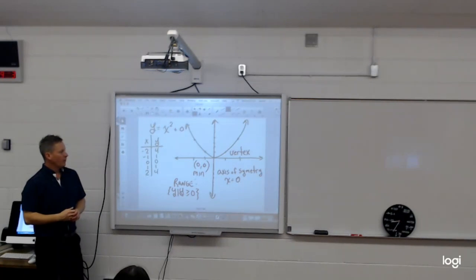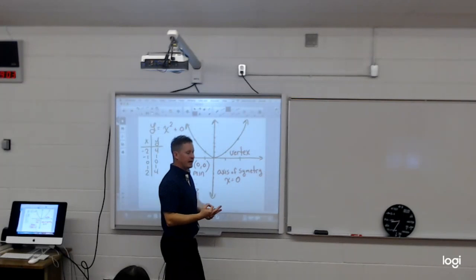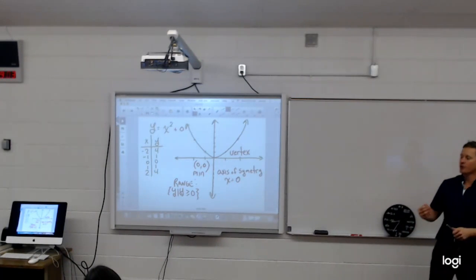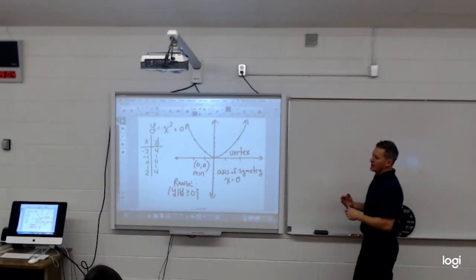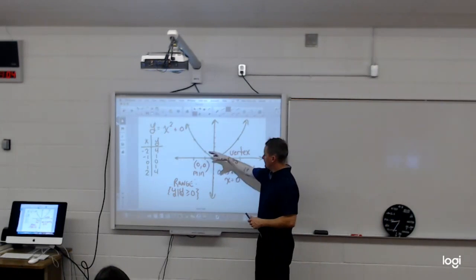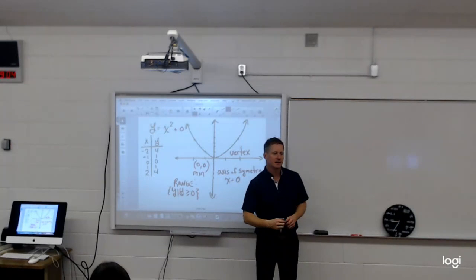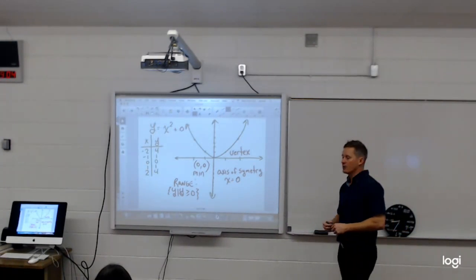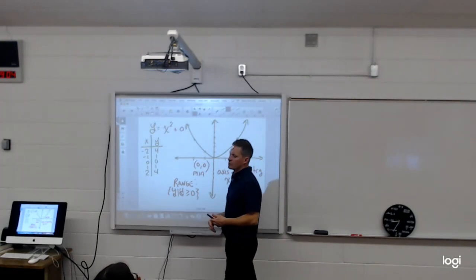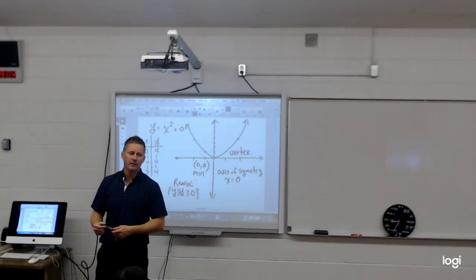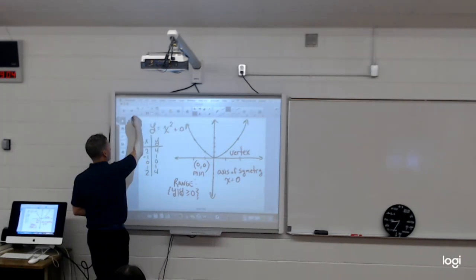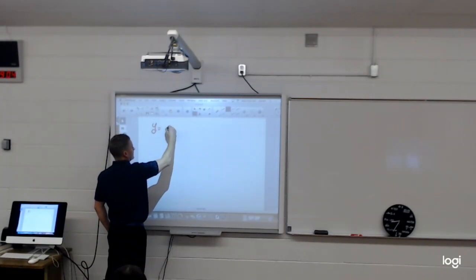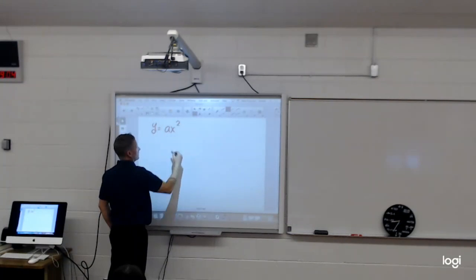Now, what we need to be able to do is work with three separate equations. First of all, the standard form. We need to be able to tell all of these characteristics of the parabola based on the equation itself. You can always draw it out, you can put it on Desmos, whatever, but you need to be able to tell the characteristics of the graph. Right now, the first thing we want to look at is the a value.